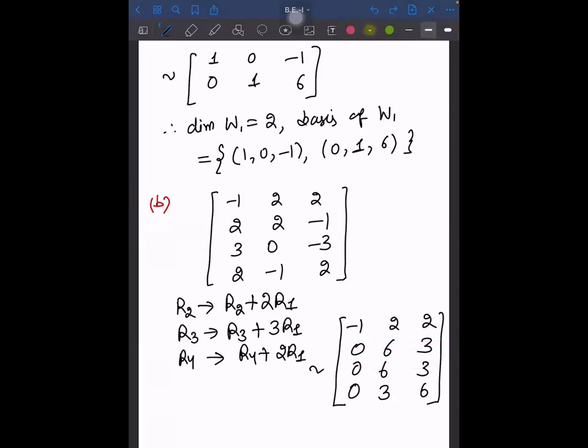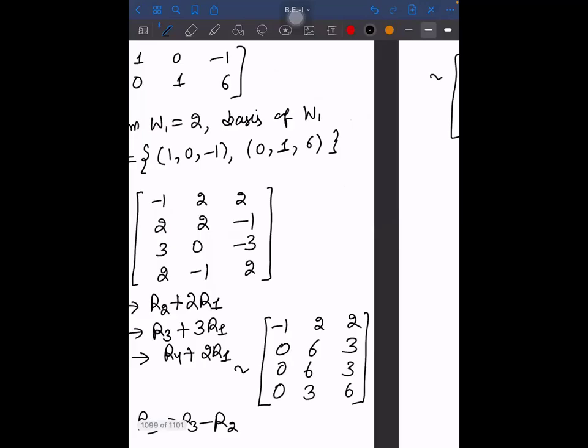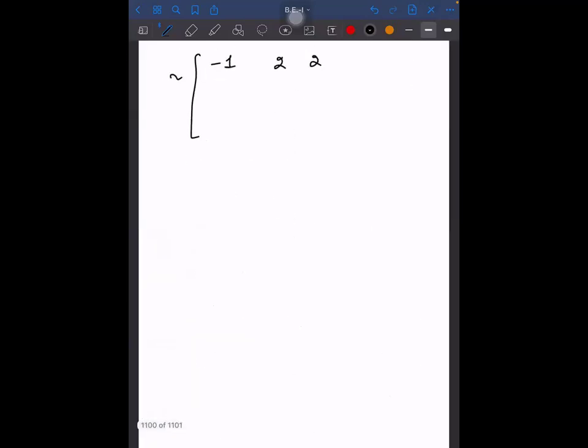So simply write the next operation, that is R3 minus R2. So this will become minus 1, 2, 2, 0, 6, 3, 0, 0, 0, and 0, 3, 6.